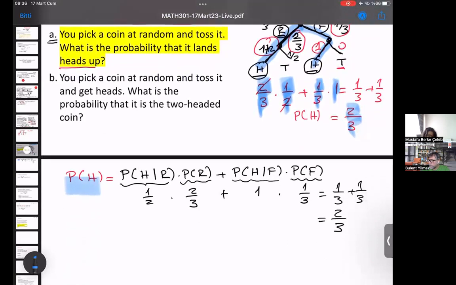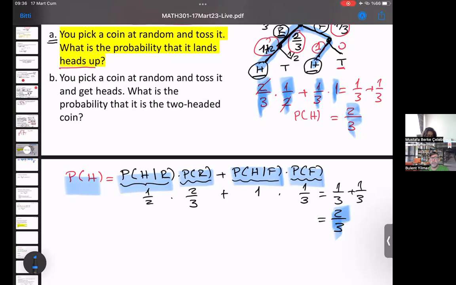What's the probability of obtaining heads when it is a regular coin times the probability of choosing a regular coin, plus the probability of obtaining heads when it is a fake coin times the probability of obtaining a fake coin. And the same thing, 1 over 2 times 2 over 3 plus 1 times 1 over 3, and the final result is 2 over 3.